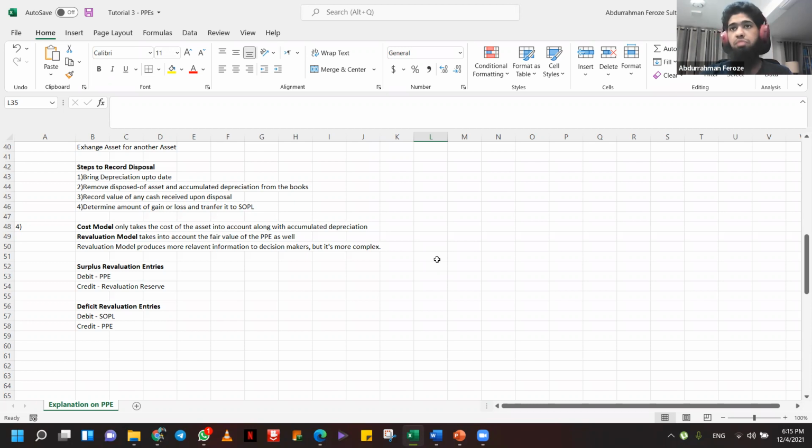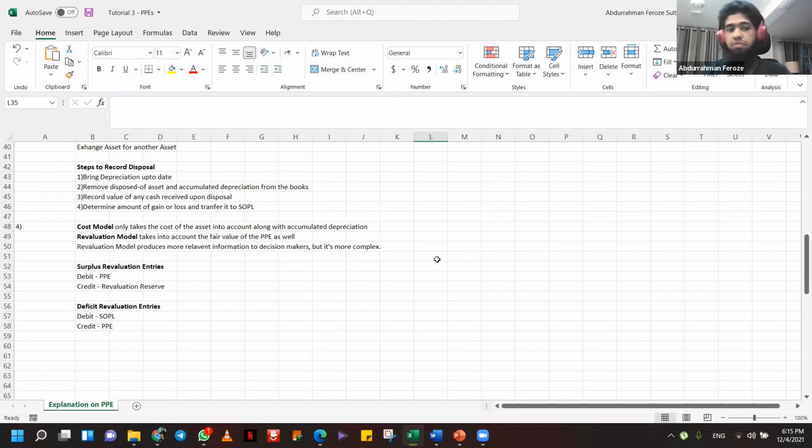So for example, you have a piece of land. Every 5 years or every 3 years, maybe the company will do a market valuation. What is the market value of the land? And then they will adjust the financial statements accordingly, because the revaluation model is mainly used for land and usually not for anything else, because land is the one that can really change over time in terms of market price, as opposed to normal depreciation. Maybe now a land may cost 1 million ringgit. After 10 years, it may cost 5 million ringgit.